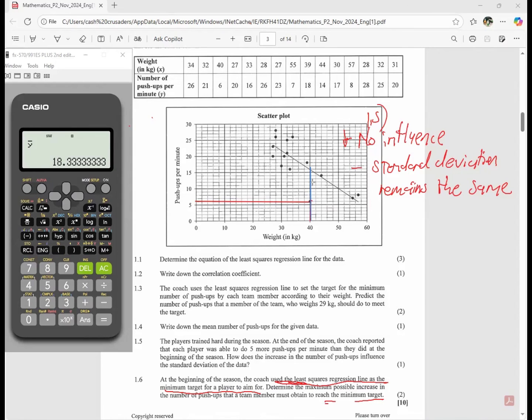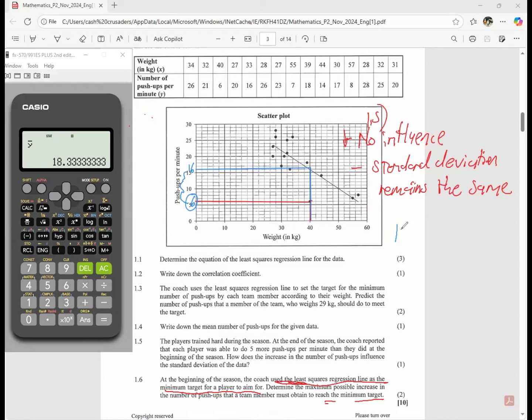So a learner here should aim to increase and touch the what? The least square regression line there. So meaning that someone of 40 kg would be expected to at least do how many push-ups? 16 push-ups. Now from the 6 that he did to the 16 that is expected to do, what's the minimum number of push-ups should he do on top of the 6 there?